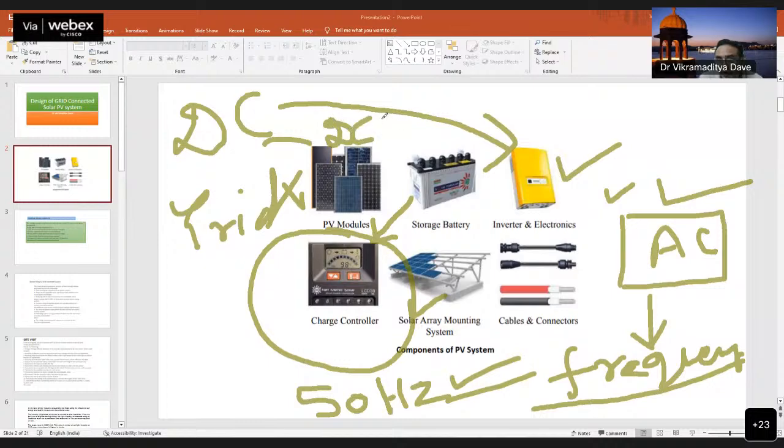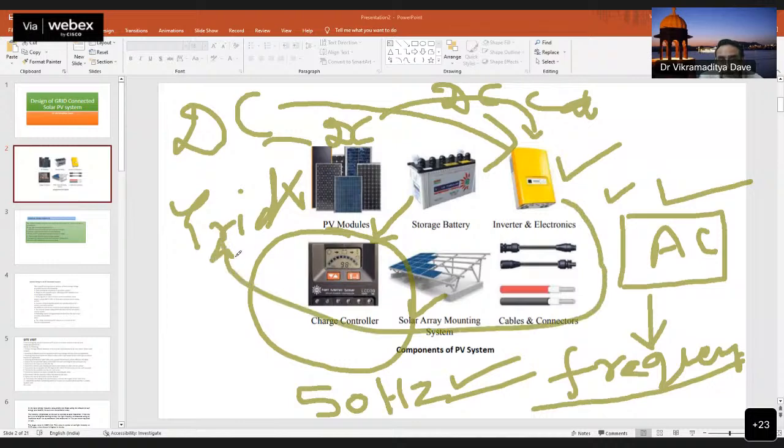So to give this power from module to inverter, we require DC cables. Then the inverter is generating AC, and this AC is to be provided to the grid. So being AC in nature, we will require AC cables. So two types of cable, DC cables and AC cables, will be required, and their corresponding connectors.